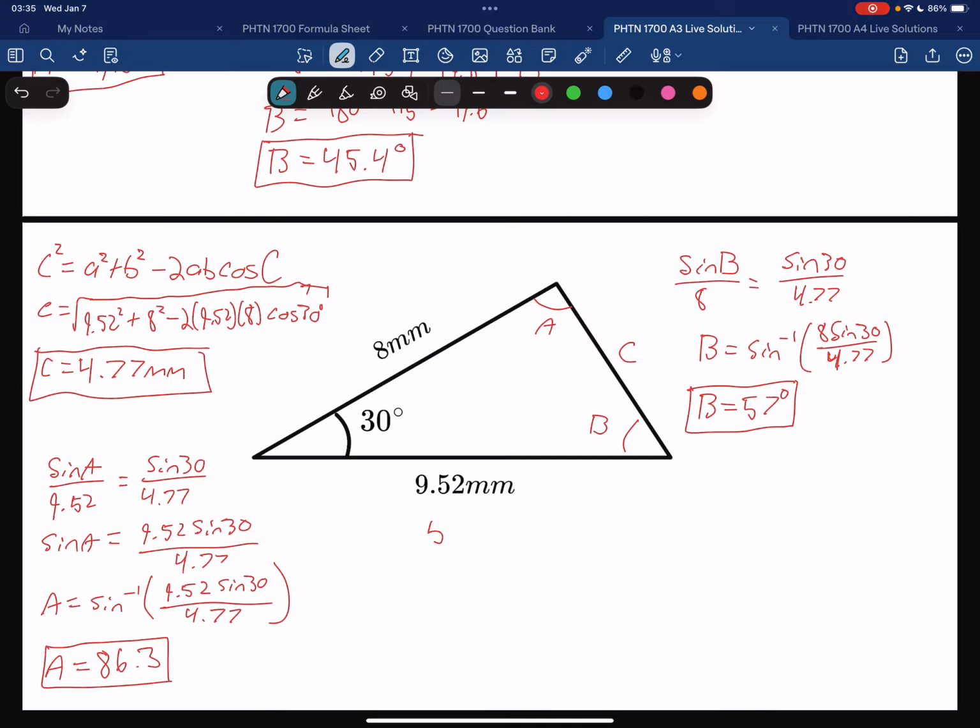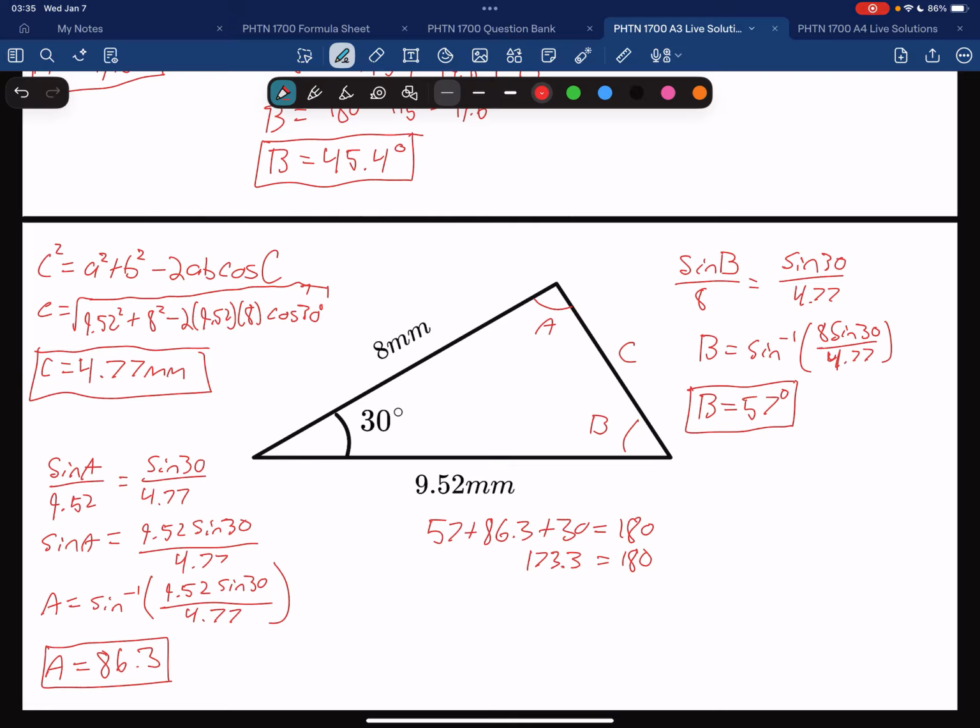If we take 57 plus 86.3 plus 30, we should get 180. So what do we get? 57 plus 86.3 plus 30. Uh-oh, that doesn't get us what we need. That gets us 173.3. We are short.